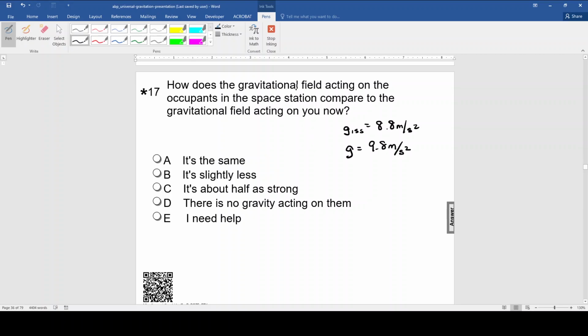So you are looking at the gravitational field compared to the gravitational field on you now. So you are asked the gravitational field on the space station compared to you, and you're asked to evaluate those values. Well, knowing our inequalities, the space station has a slightly less gravitational pull than we are experiencing on Earth right now.